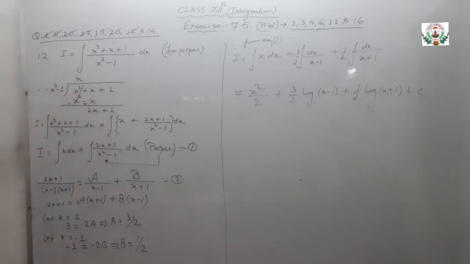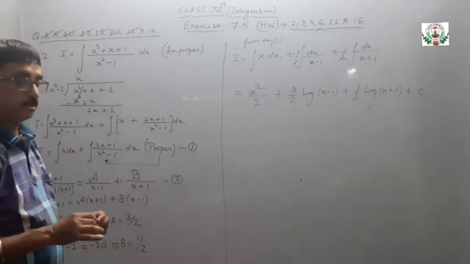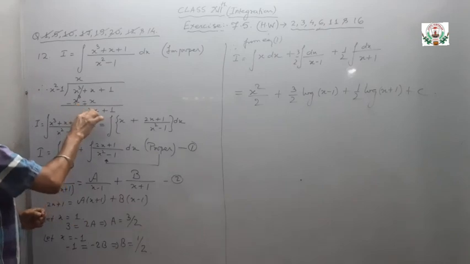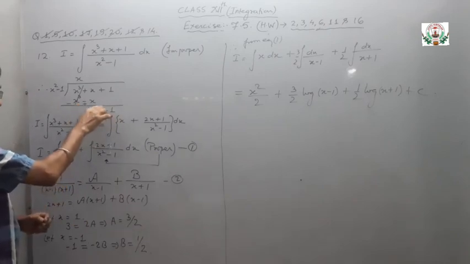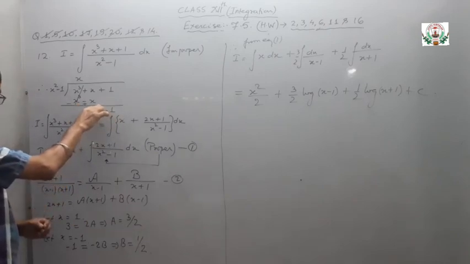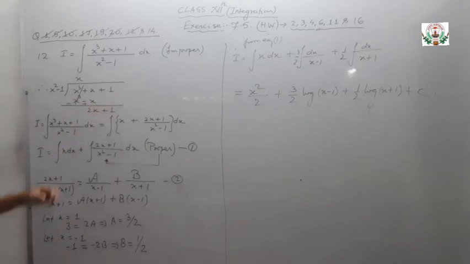Here one rule is applicable in polynomial division: the degree of the remainder 2x plus 1 is 1, and the degree of the divisor is 2. So 1 is less than 2. So the degree of the remainder is less than the degree of the divisor.